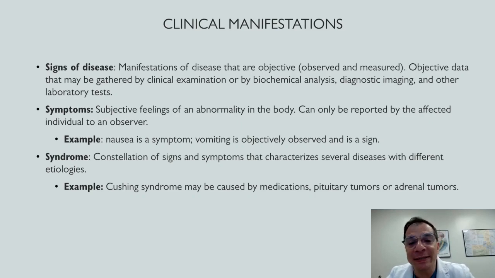Now, the post-disease stage also has some possibilities. Some people may develop sequelae, like paralysis, a permanent change, or a murmur, or a valvular disease after rheumatic fever. It's a permanent effect of the disease. Or they may develop complications, which is another disease that is unrelated to the initial or original disease.